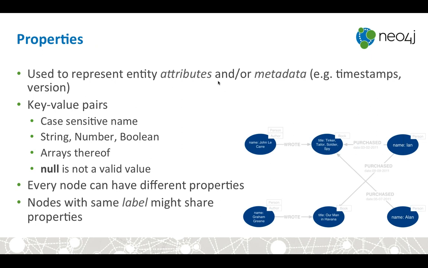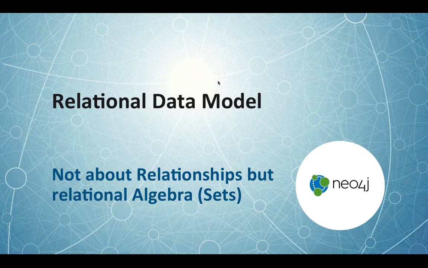You don't have to fill your database with meaningless default values. And every node, even with the same labels, can have different properties. Oftentimes, nodes with the same label share a basic set of properties. For instance, nodes with a person label might all have a name and a birth date and something else property as well.